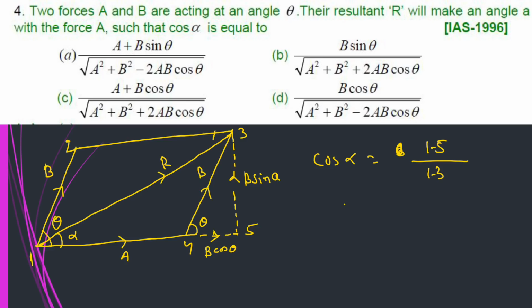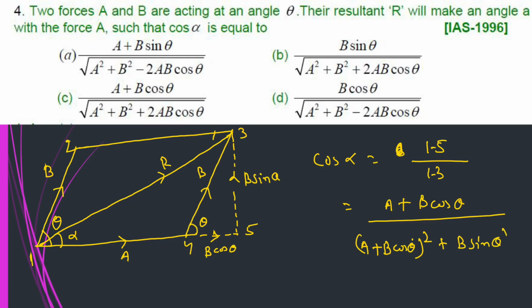Then 1 to 5 is A plus B cos theta. Then your resultant R is root of 1, 5 square plus 1, 3 square. 1, 5 is A plus B cos theta whole square, plus B sin theta square, then root over.